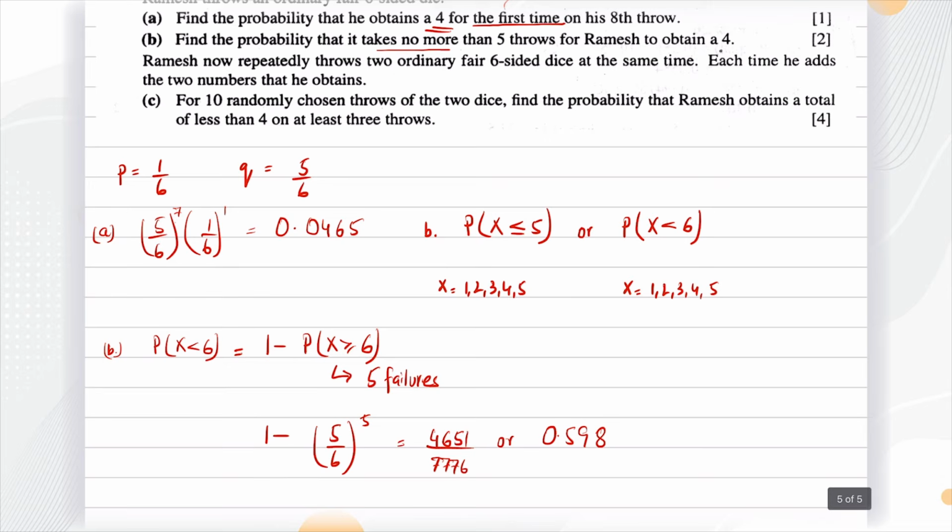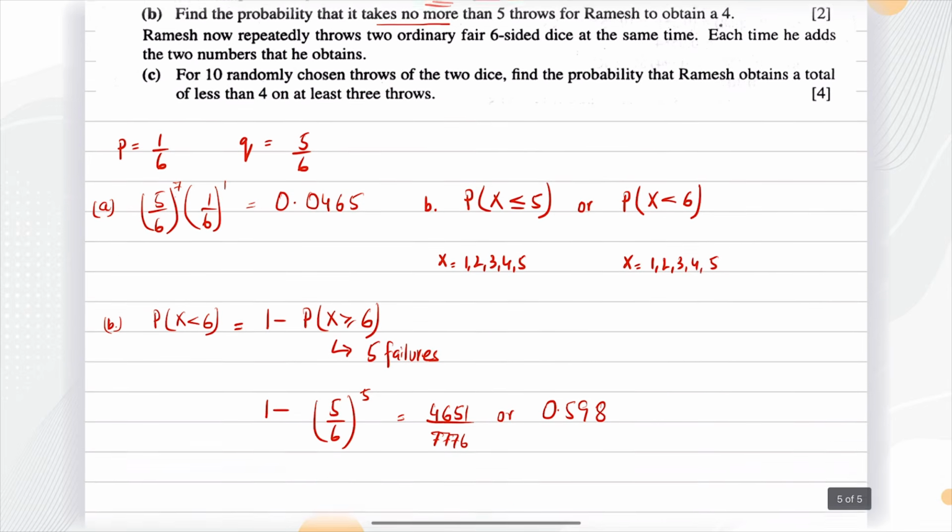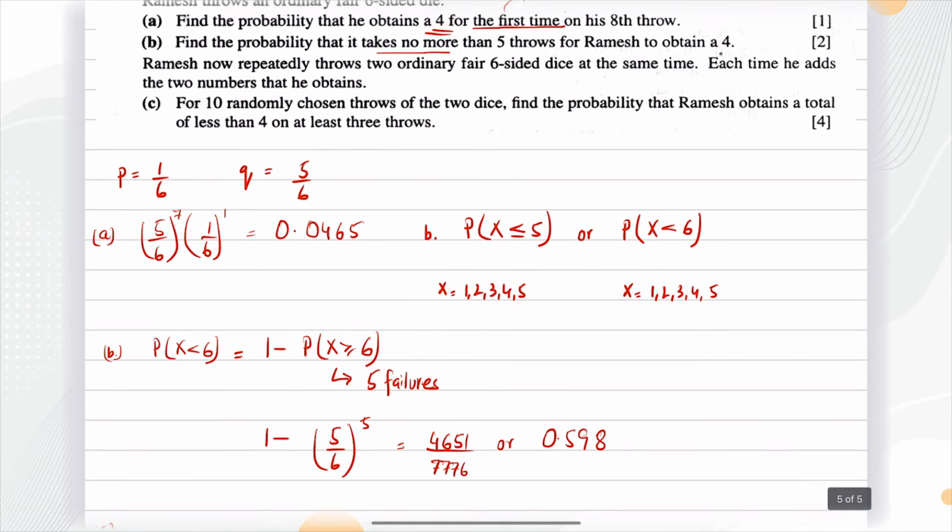All right, let's do part C. Now, part C is the same question, but let's see how it's different. It says for 10 randomly chosen throws of the 2 dice, find the probability that Ramesh obtains a total of less than 4 on at least 3 throws.